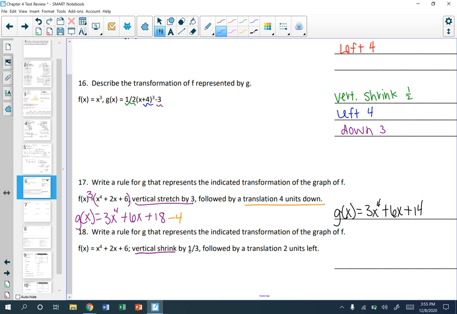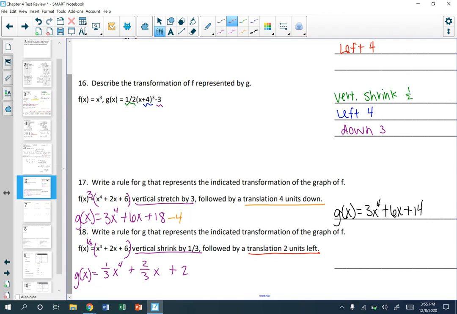Same thing, vertical shrink by 1/3. So I'm going to multiply this whole thing by 1/3. And I get 1/3 x to the 4th plus 2/3 x. And then 1/3 of 6 is 2. Now I am translating 2 units left. So that means I have to go inside.